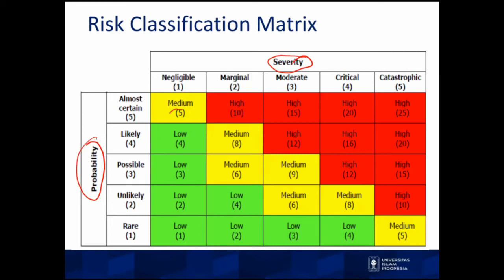The number you can see in each box here is the result of multiplication of the severity and probability. Take, for example, this cell, medium, where the number shown is 9, which is 3 times 4.